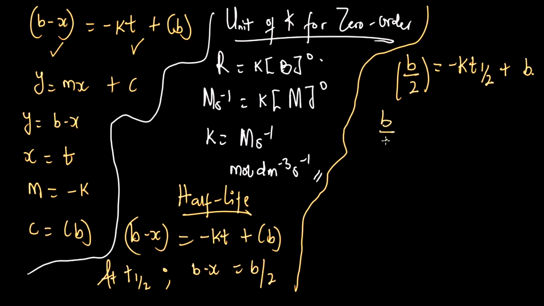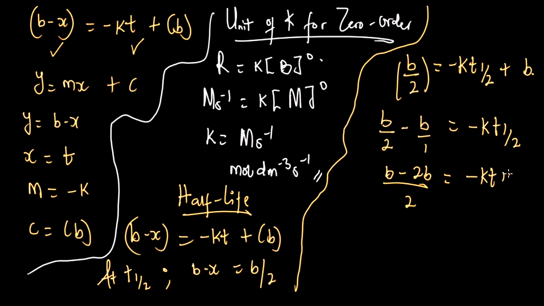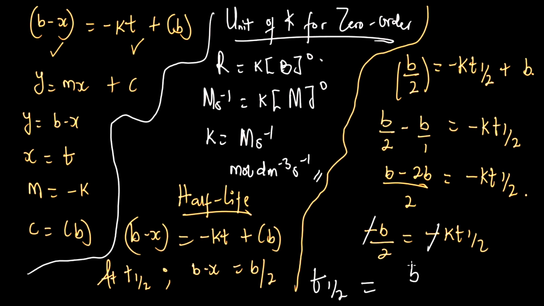We have B naught over 2 minus B naught over 1 equals negative k t half-life. So over 2, we have B naught minus 2 B naught equals negative k t half-life. So negative B naught over 2 equals negative k t half-life. The negatives cancel, and therefore the half-life for a zero order reaction becomes B naught over 2k, where B naught is the initial concentration and k is the rate constant.